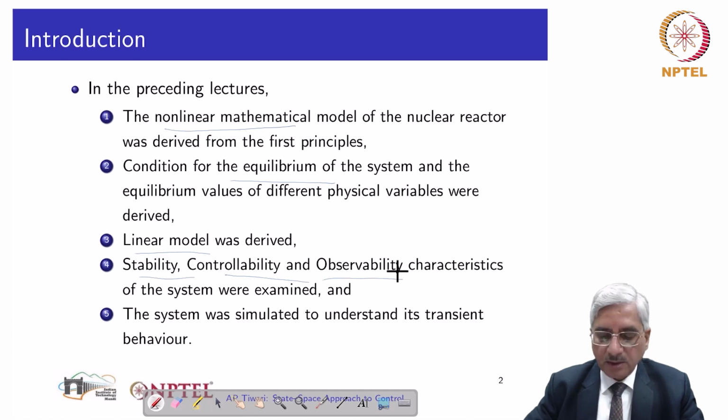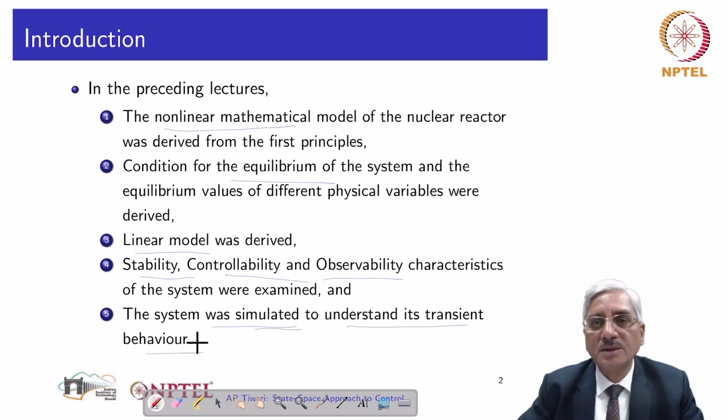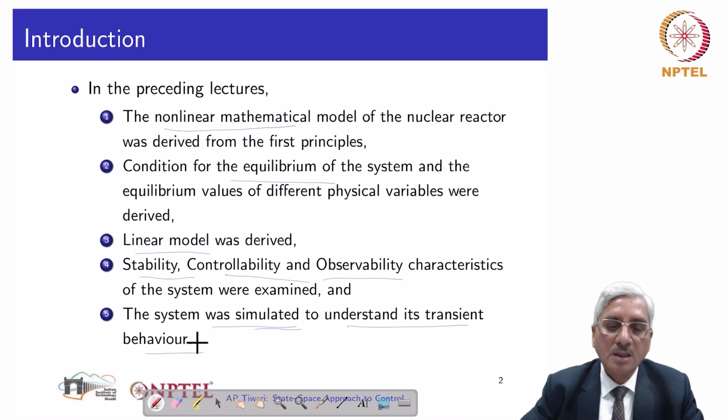However, it is controllable and observable, meaning that controllers and observers or estimators can be designed to get good response characteristics from the system. And then we did some simulation exercises to understand the transient behavior of the system, not in all representative transients, nevertheless in a few transient situations.